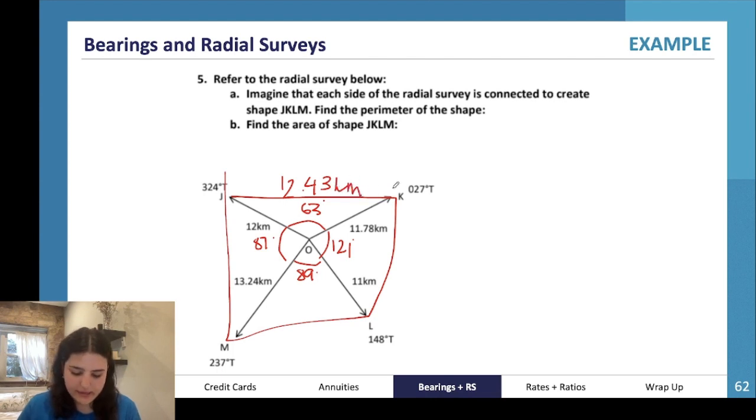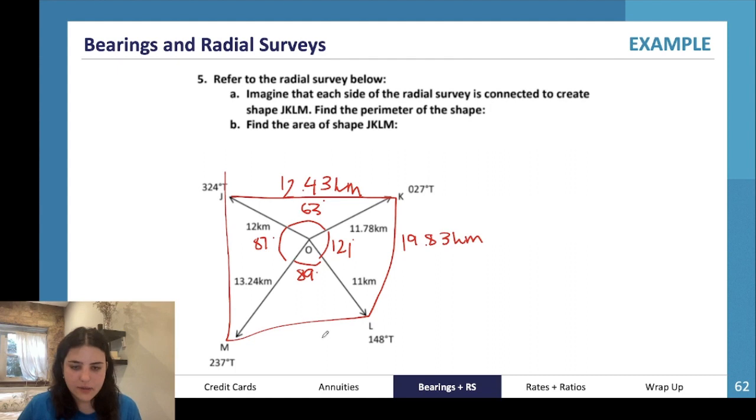The next one, again, same thing. So 11.78 squared plus 11 squared minus 2 times A, which is 11.78, times B, 11, times cos 121, square root it. This one's going to be 19.83 kilometers.